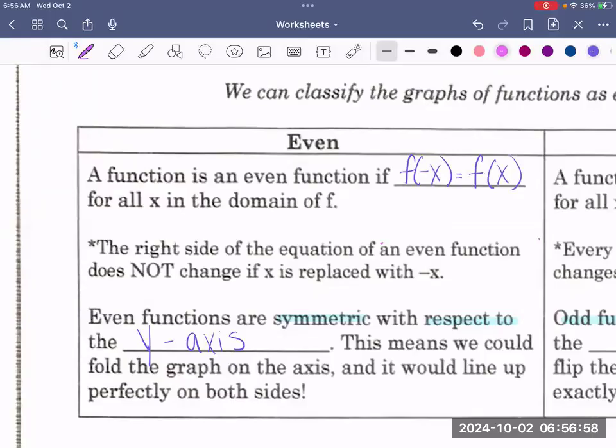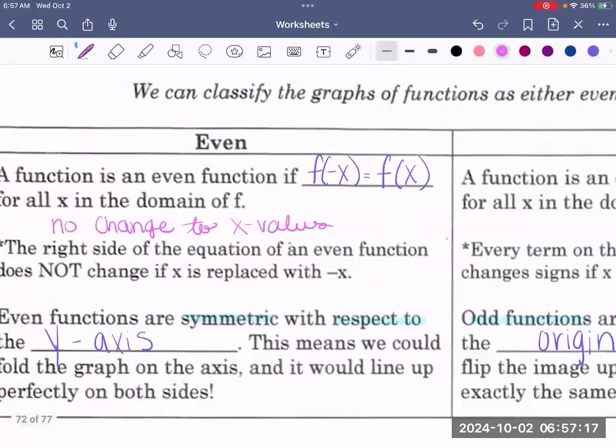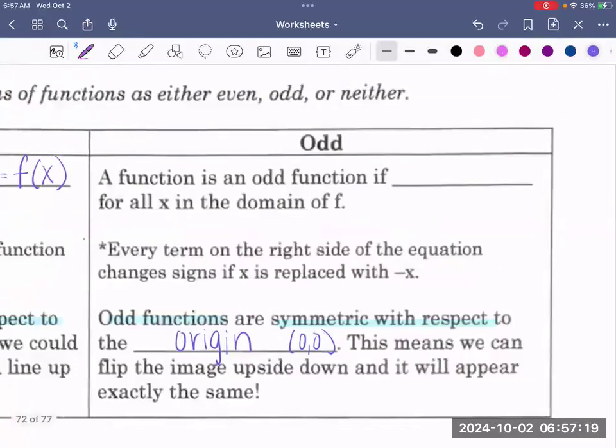What we're trying to get at, essentially, is that if there's no sign change for your x values, then we are even. So no change to the x values.